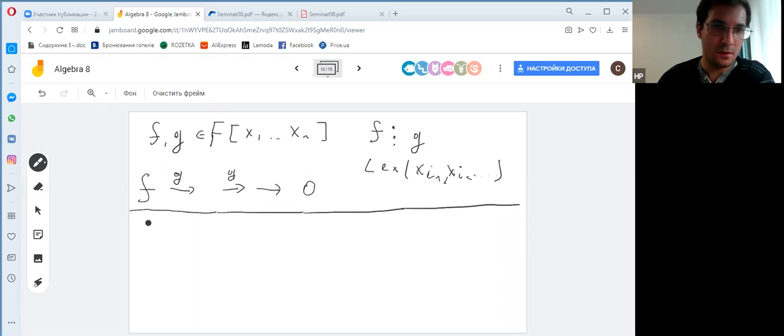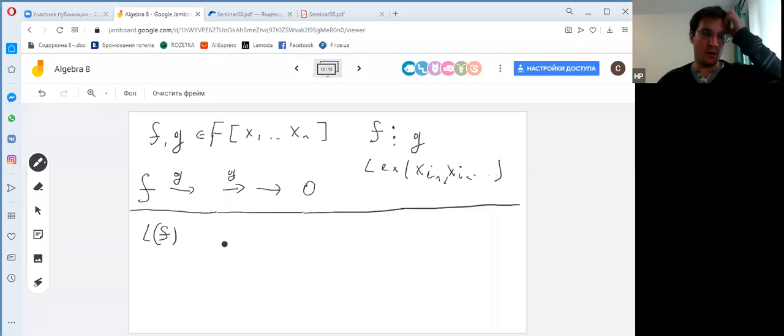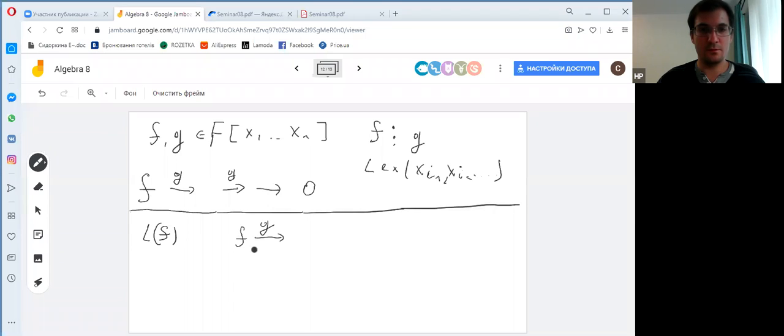Induction in L of f. Let us consider the unique one of the reduction. So we have a polynomial f, and we reduce it by the polynomial g.